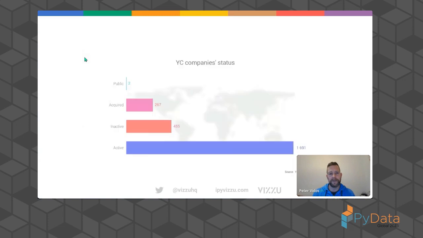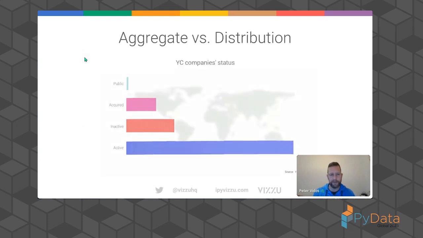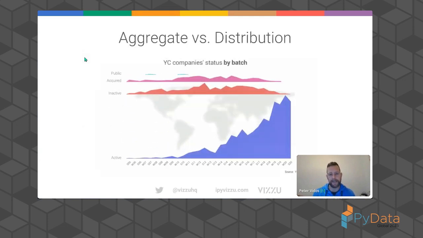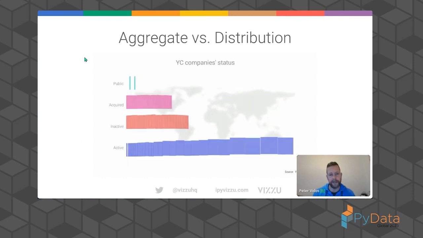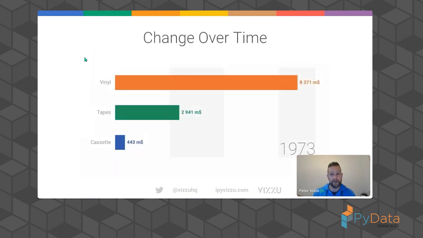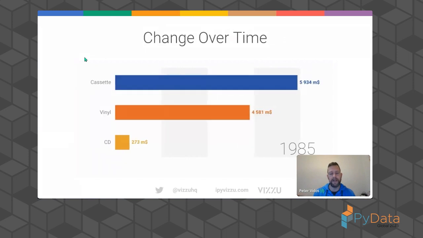You can just switch between aggregates and distribution over time, like we did within the Streamlit app. You can show change over time, so the animation basically gives you a new dimension to use on your charts, which is time itself.